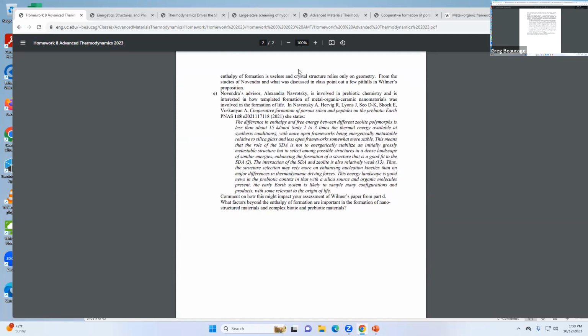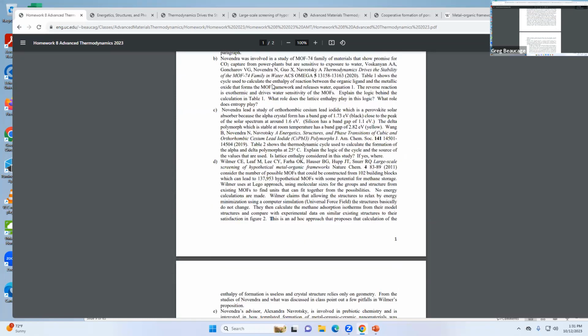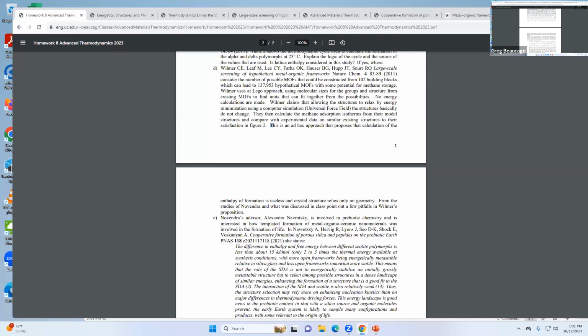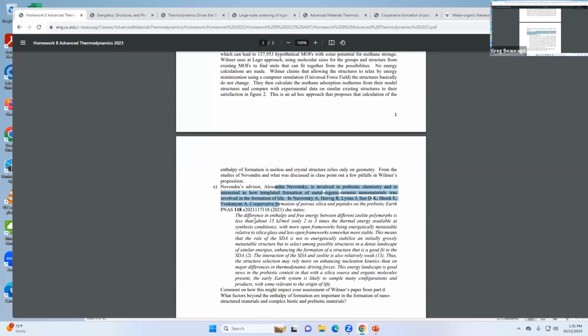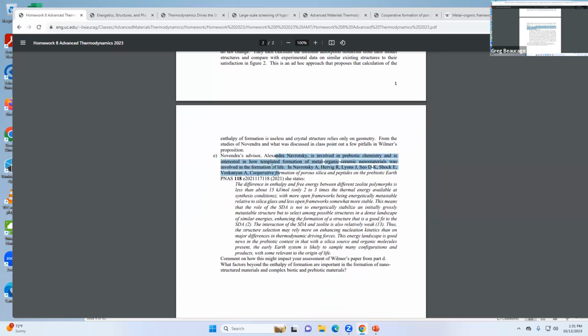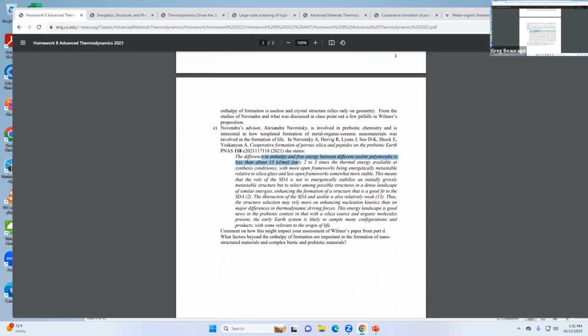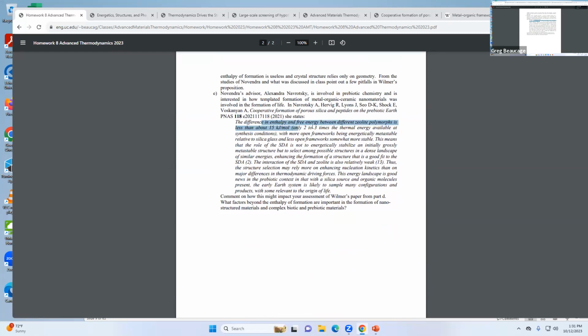So that's one thing. So there's a lot here. And then there's that other paper on this kind of life thing where she, who's an experimental DSC person, says that the difference in enthalpy in the polymorphs is less than 15 kilojoules. It's near the thermal energy, so it doesn't make any difference.